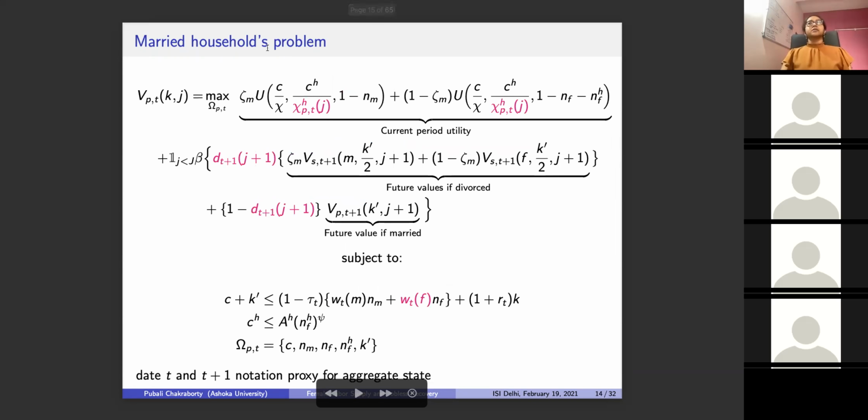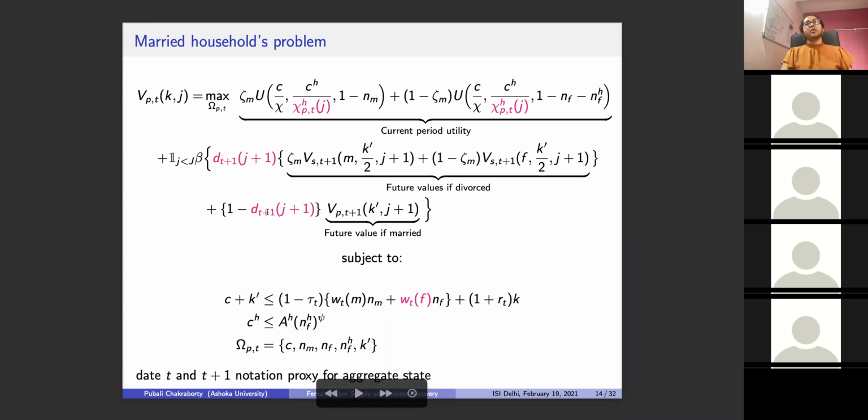So for married households, the current period utility depends on the utility of the male member and the utility of the female member, weighted based on some exogenous weights. You can think about these as bargaining weights, but they are just exogenously given. This is the current period utility. The future utility depends on whether I receive this divorce shock or not.